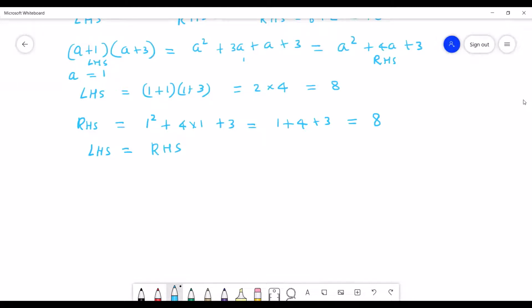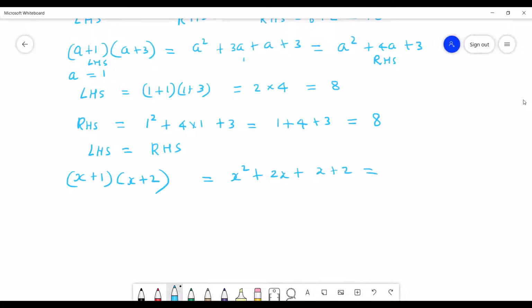Suppose I am taking another expression like x plus 1 into x plus 2. So here we are going to get x square plus 2x plus x plus 2.